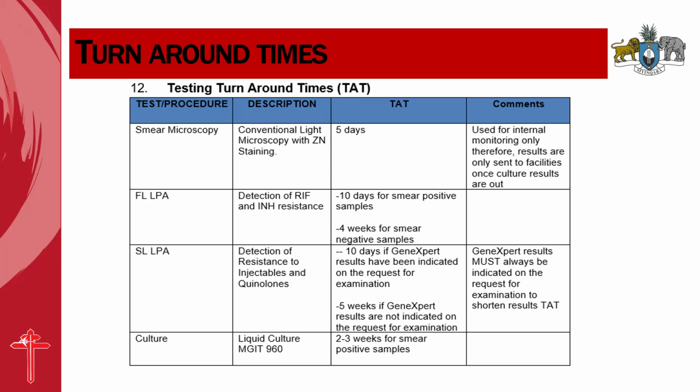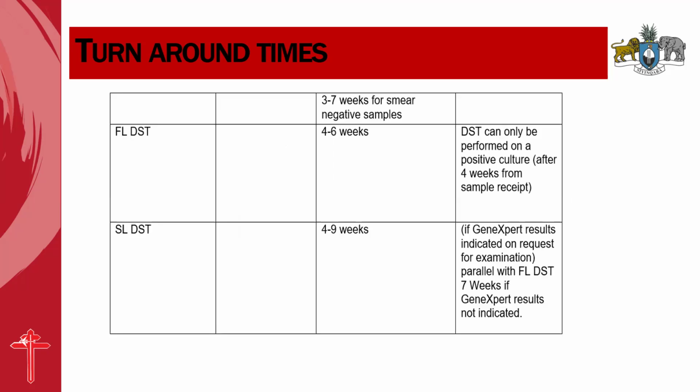Then the liquid culture, which is the MGIT 960. It is going to be 2 to 3 weeks for smear positive samples, and then 3 to 7 weeks for smear negative samples. You have seen that I've stated 0 to 42 days. Sometimes the culture can go up to 42 days for a negative culture.